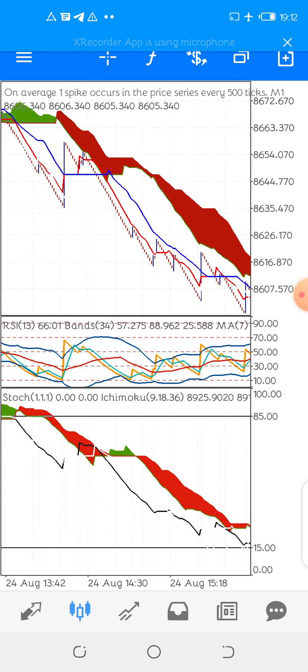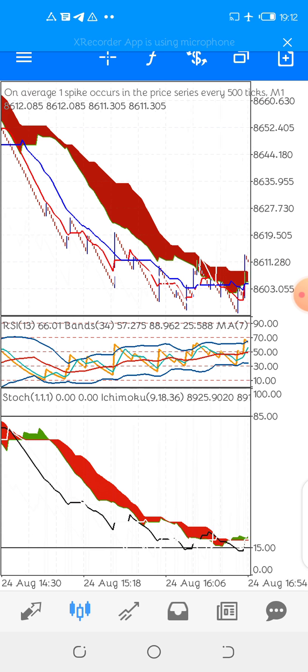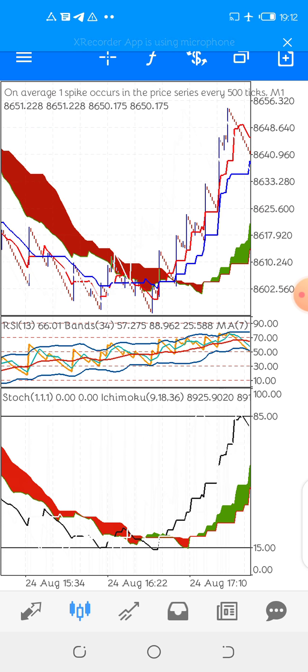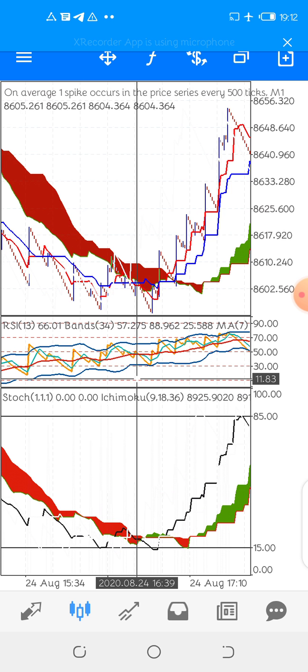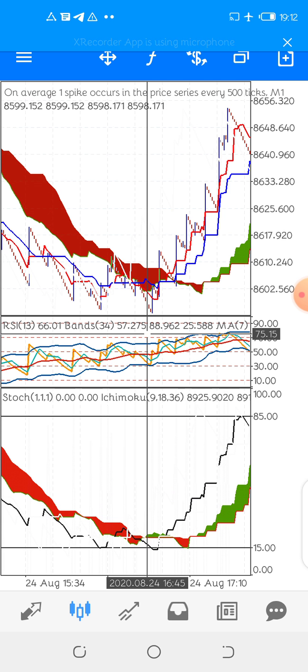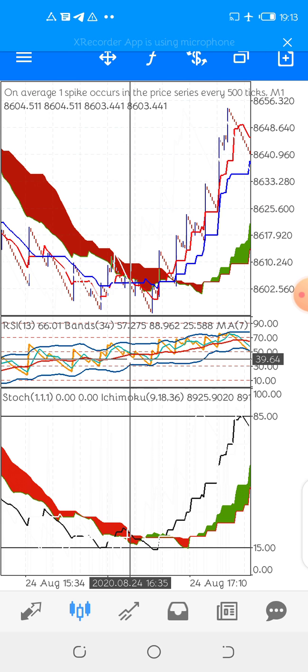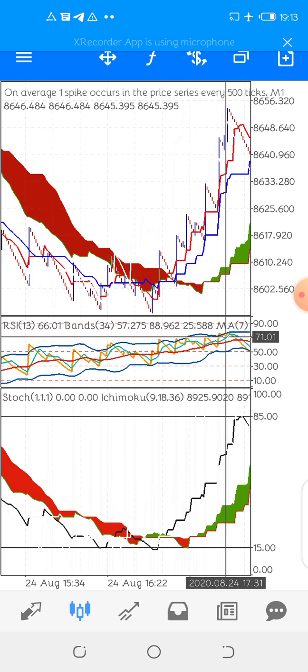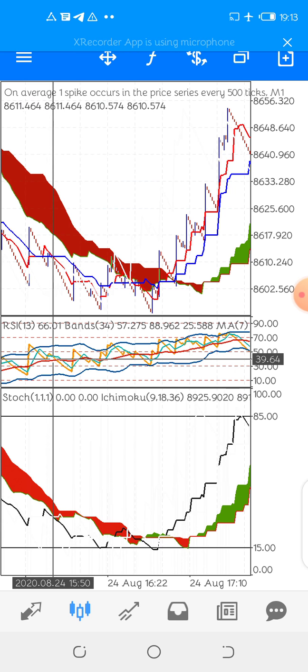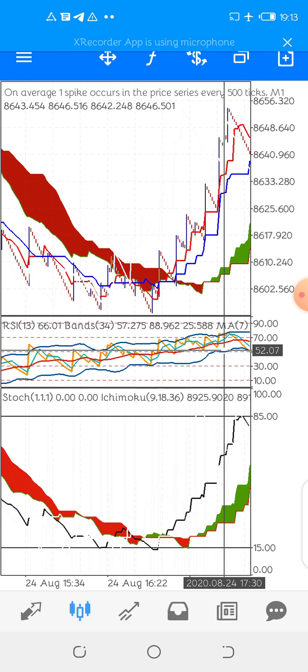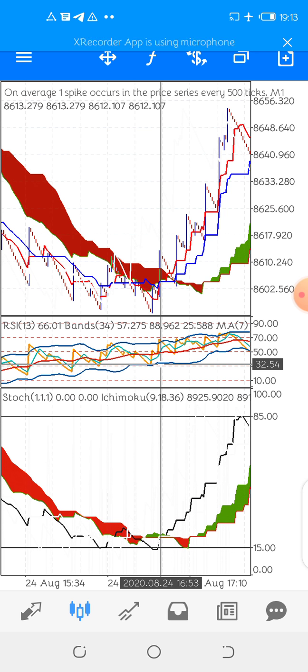Okay, so let's continue. When we were ready to reverse, how did our TDI behave? It was using the lower Bollinger Band as the support now. You see, like here. And our market baseline was facing up. So our TDI was already facing up, and it was using the lower Bollinger Band as our support.